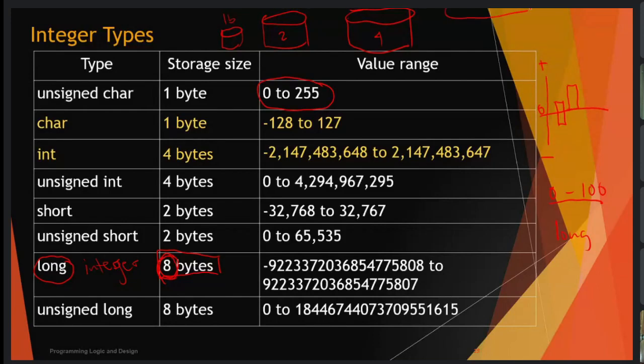Ug naa kay pinakadako, which is 8 bytes. Maura na ang idea sa variables and the so-called storage size. So please do take note about that. Very important ang concept sa kanang storage size when you are becoming programmers.